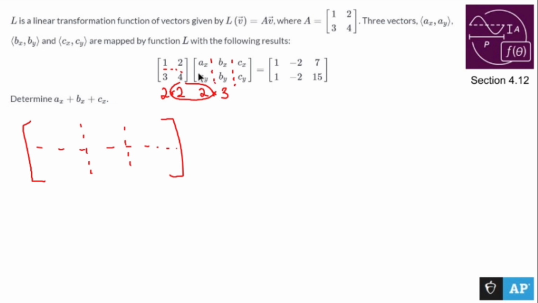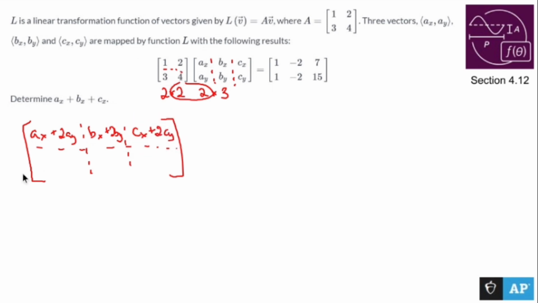Okay, 1 times a sub x is a sub x. 2 times a sub y is 2 times a sub y. Boom. 1 times b sub x is b sub x. 2 times b sub y is 2 times b sub y. Boom. 1 times c sub x is c sub x. 2 times c sub y is 2 times c sub y.